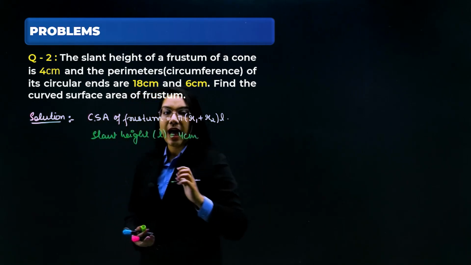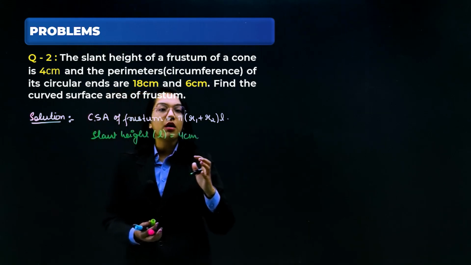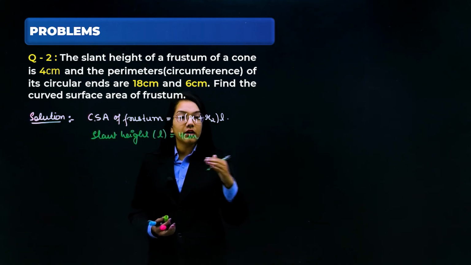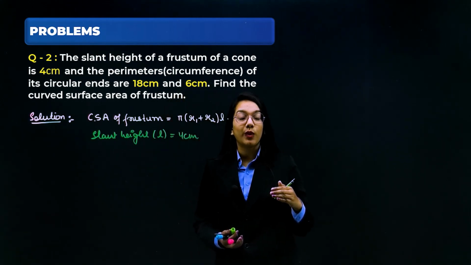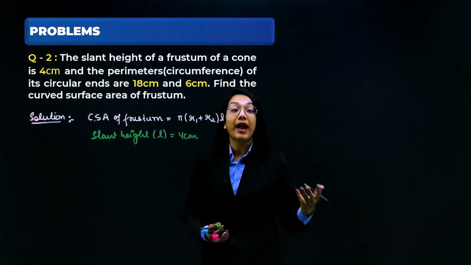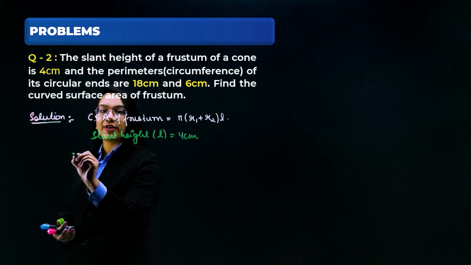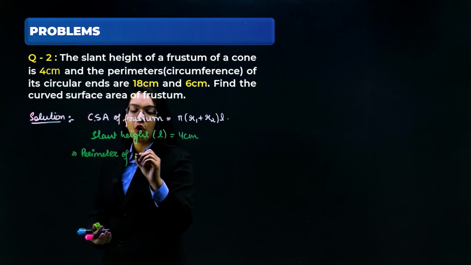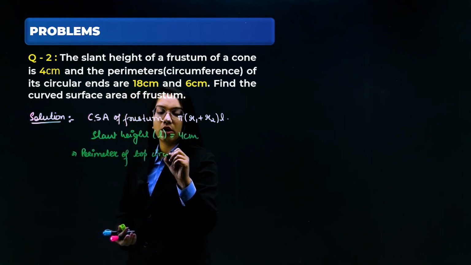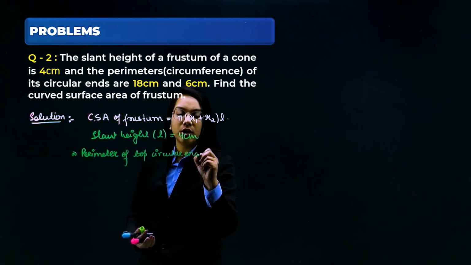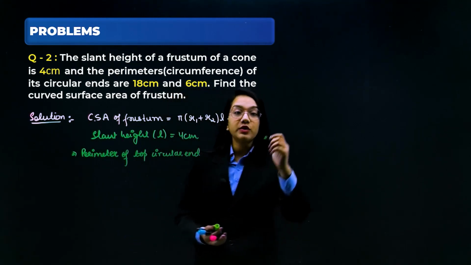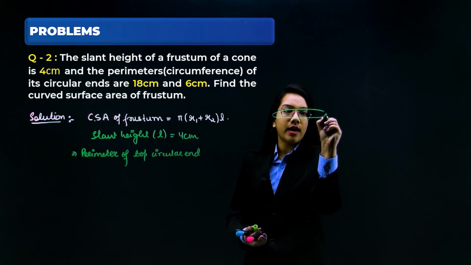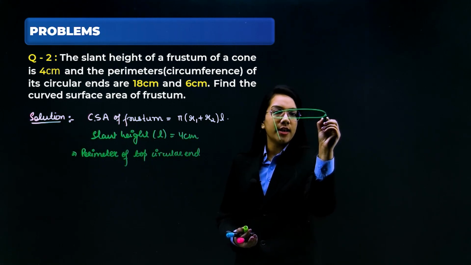It is already given to us, and further it says the perimeters of the circumference of the two circular ends are given to us. So we know that the perimeter of the circular ends is equal to the circumference of the circle, which is 2 pi r. Using that concept, let us suppose I'm taking the top circular end as capital R1, and the other one as R2.